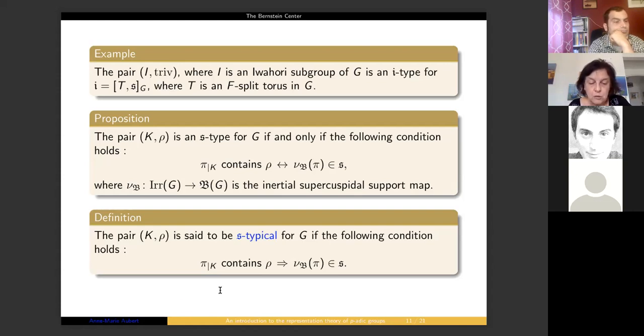In the case of GL2, it was first considered by Emerton in an appendix of a paper of Breuil and Mézard on the Langlands correspondence for mod p Langlands correspondence. And it's interesting because it allows one to relax the condition, and I think it should have some relation with tempered representations, more precisely.